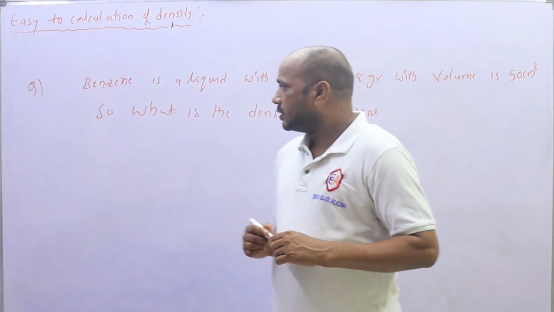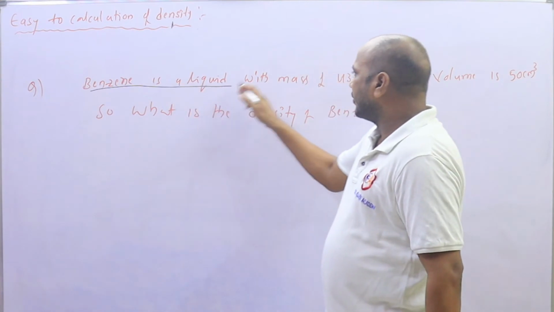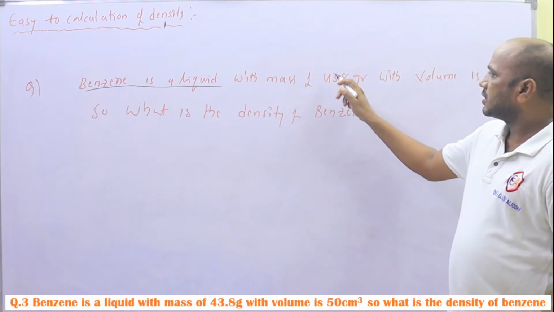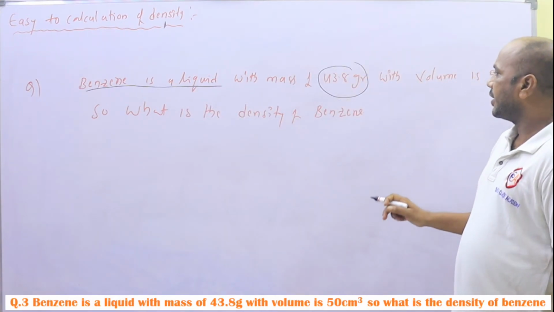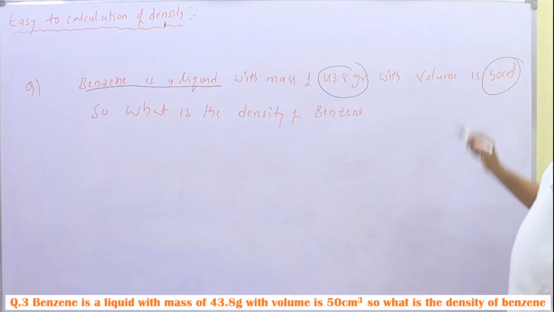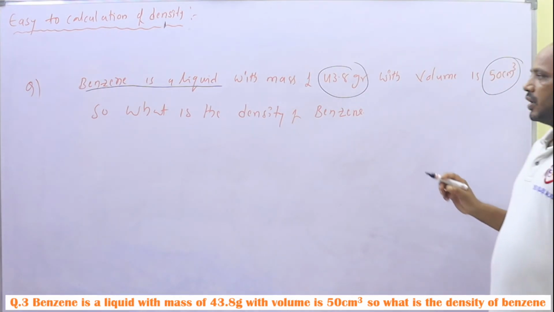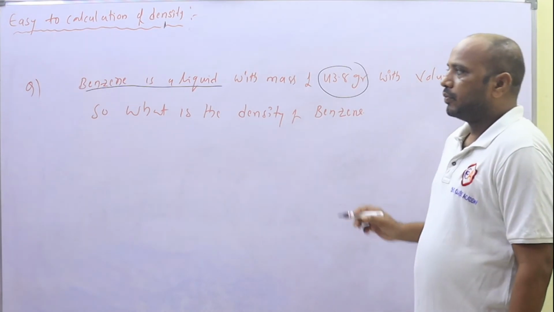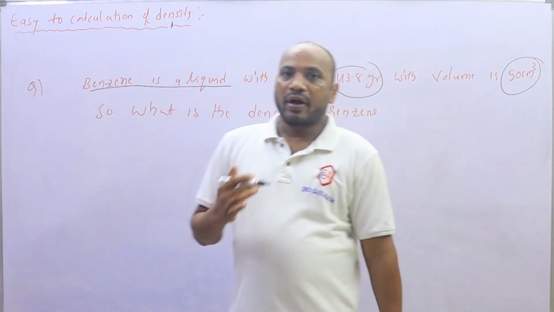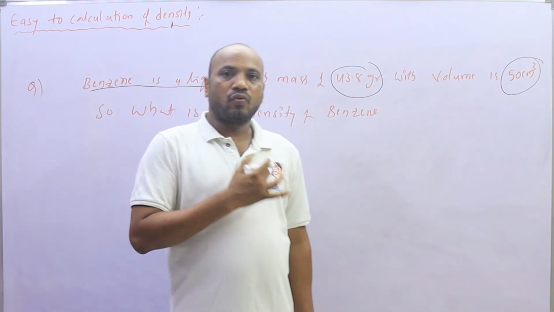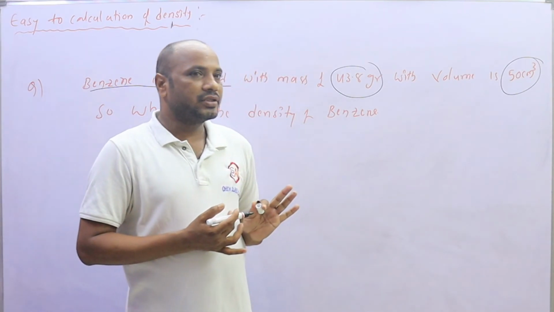The next question is, benzene is a liquid with mass 43.8 grams and volume 50 centimeter cube. So what is the density of benzene? The first question was to find the mass, the next question was volume, and this question is density.